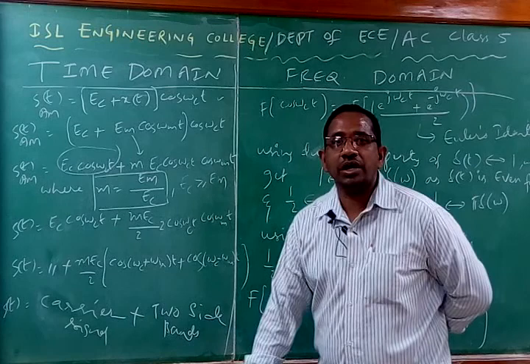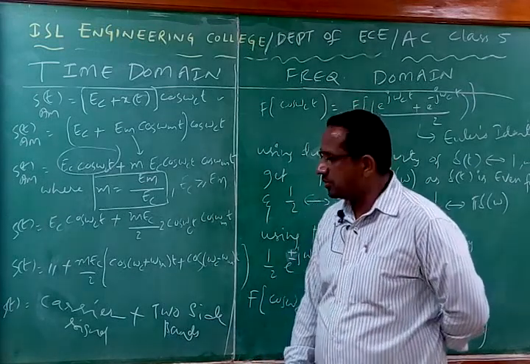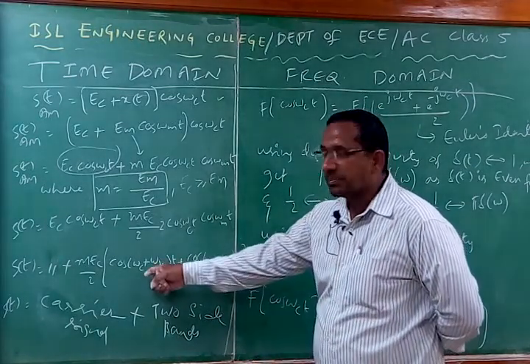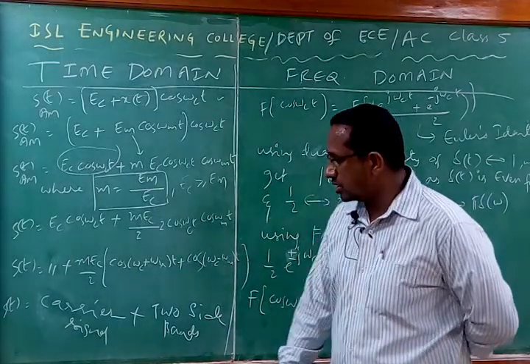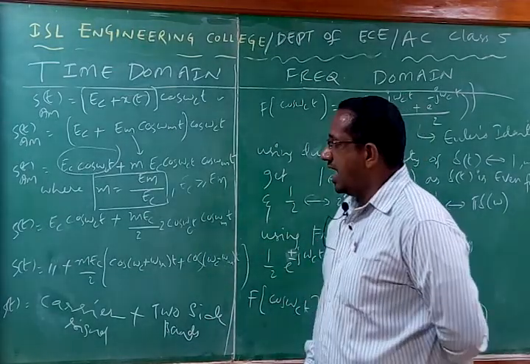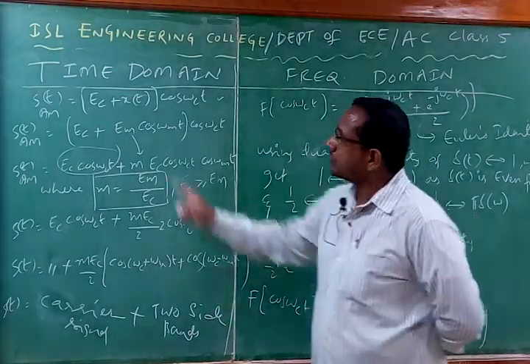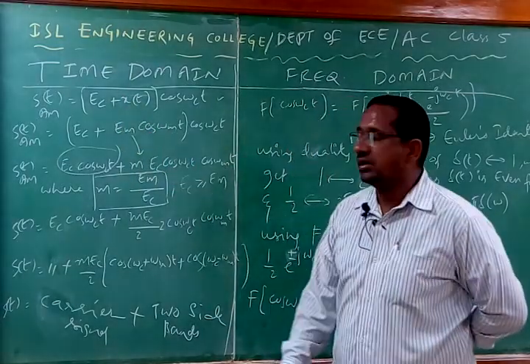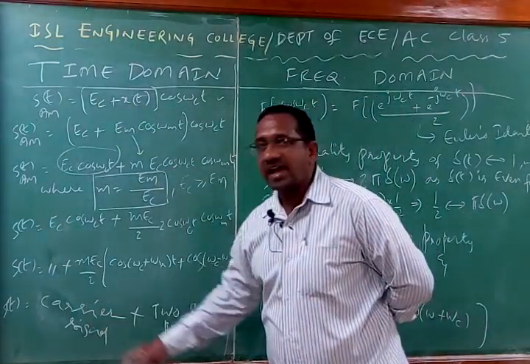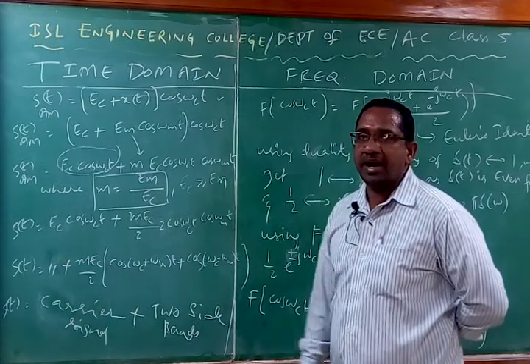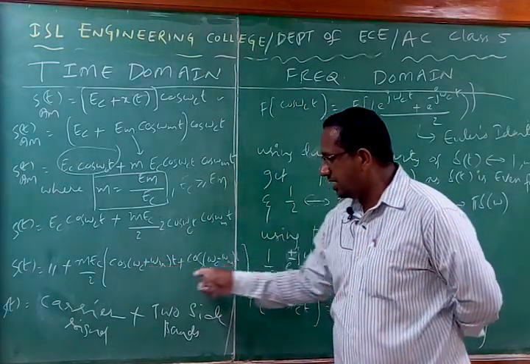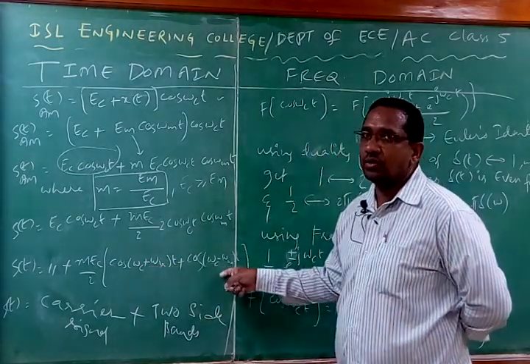Therefore we get duplicate copies of the information signal as part of the upper sideband and also the lower sideband frequencies, and hence we can conclude that because of AM modulation, we generate a carrier signal and 2 sideband signals. One is the upper sideband, another is the lower sideband. How do I know it is the upper sideband?